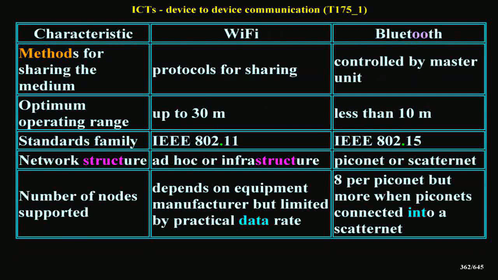Methods for sharing the medium, protocols for sharing: controlled by master unit. Optimum operating range: up to 30 m; less than 10 m. Standards family: IEEE 802.11; IEEE 802.15. Network structure: ad hoc or infrastructure; piconet or scatternet. Number of nodes supported: depends on equipment manufacturer but limited by practical data rate; 8 per piconet but more when piconets are connected into a scatternet.